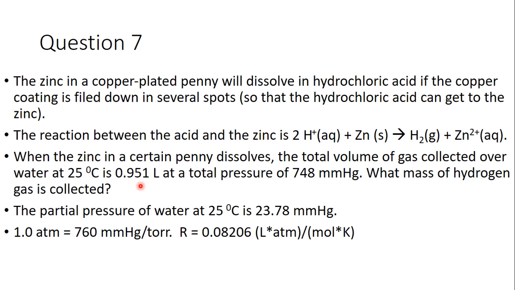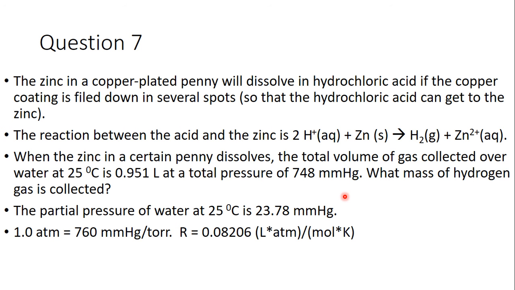Now when you're collecting gas over water, which the aq means your chemistry is happening in water, part of your gas is going to be made up of water. So this is just like the previous problem, where we had gases mixing, except now one of our gases is water.